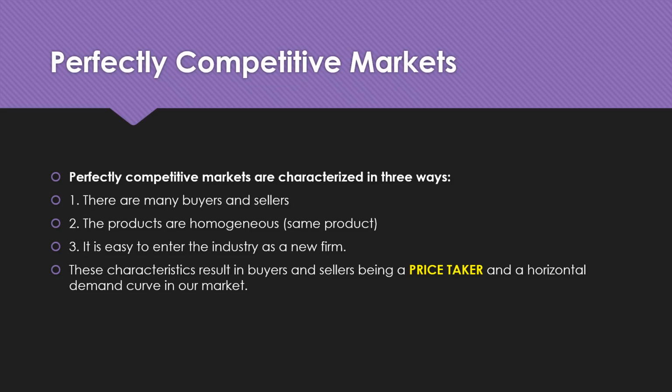There is little to no ability to influence the price as a perfectly competitive firm. The unique reaction to that is that our demand curve for a firm in a perfectly competitive market is not going to be downward sloping, but rather it's going to be horizontal. So a perfectly elastic demand curve.